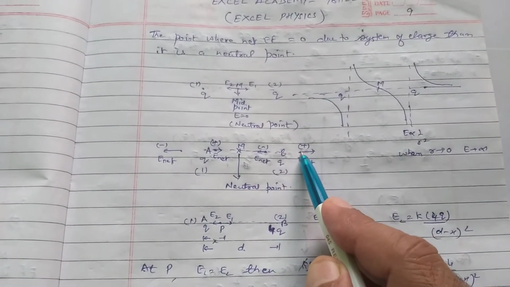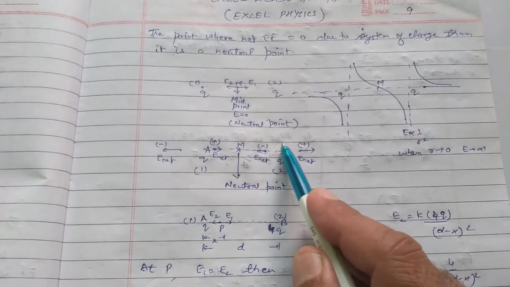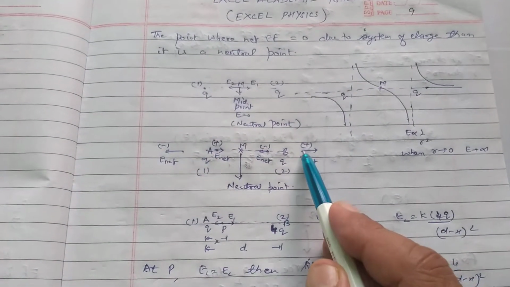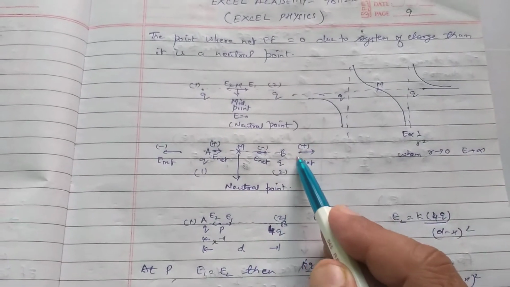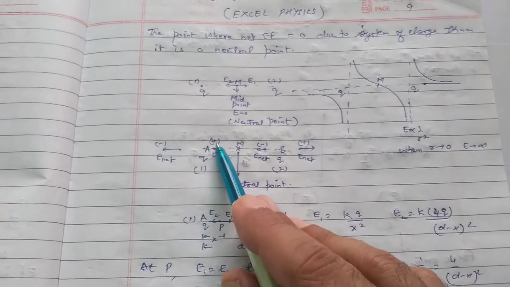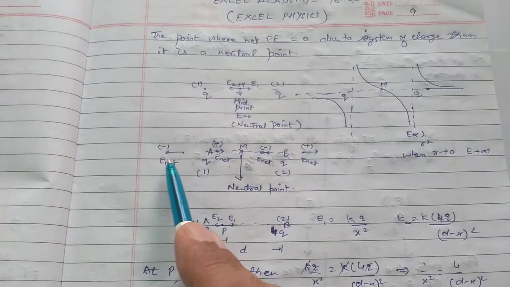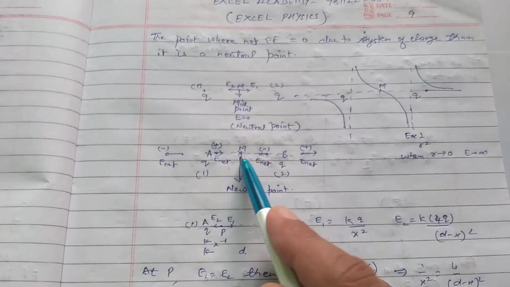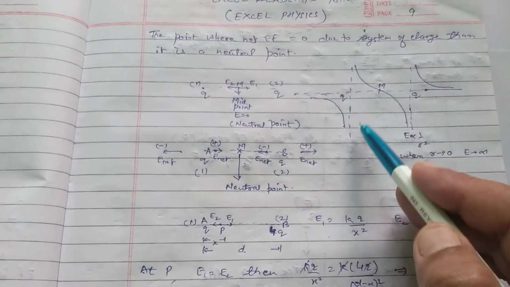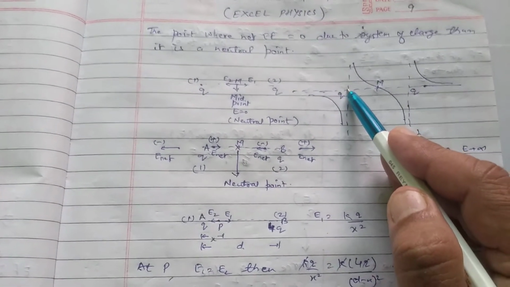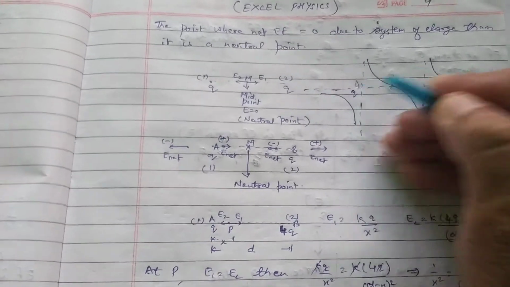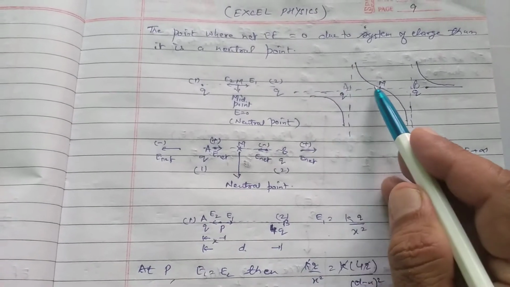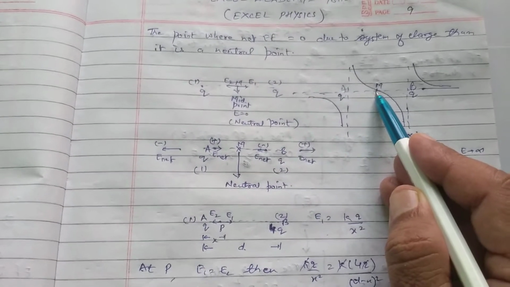If I take a point outside, the electric field of this charge will be in this direction, and the electric field of the other charge at this point will be in this direction. So the net field is in this direction, and I am taking it positive. Similarly, here the net electric field is in this direction. So if I plot the graph, this is the charge Q at A, and this is the charge Q at B. At the midpoint, the net electric field is 0.